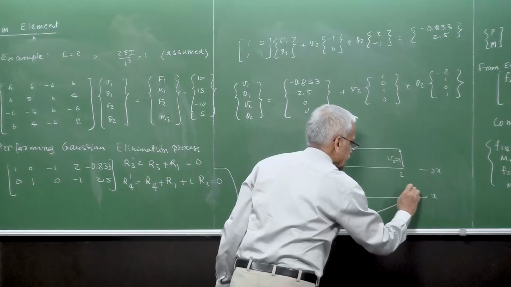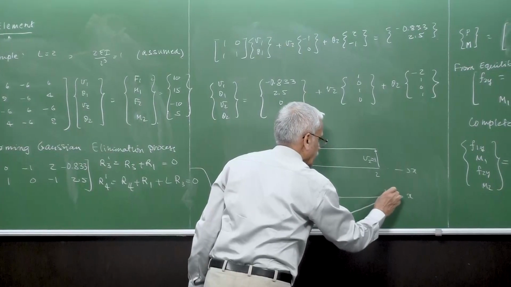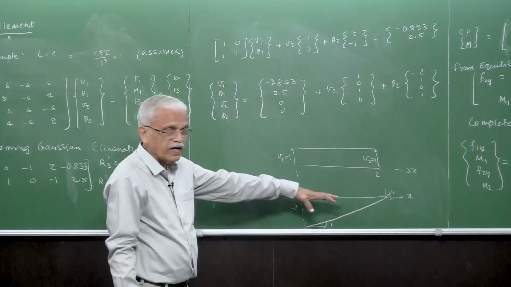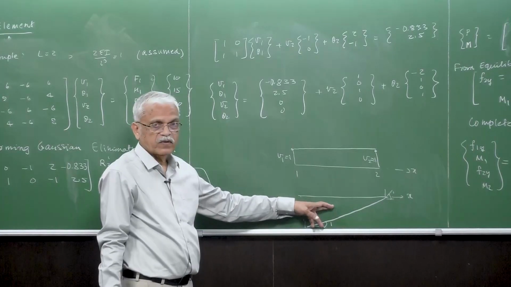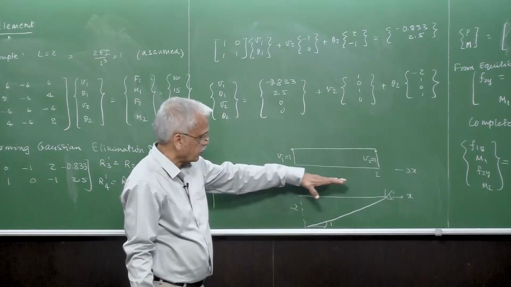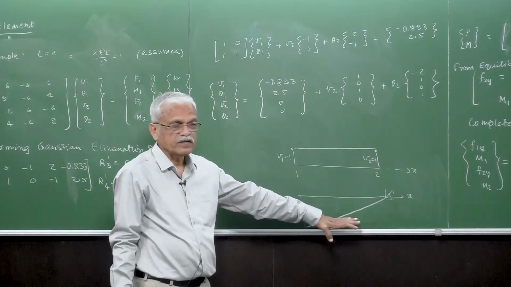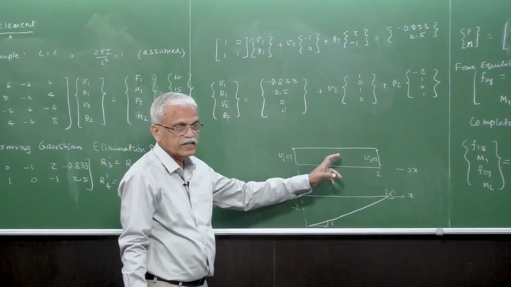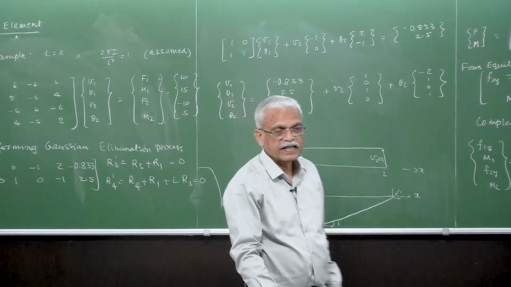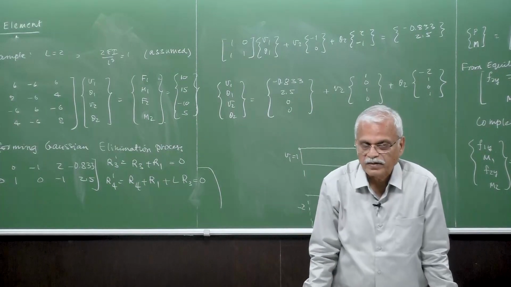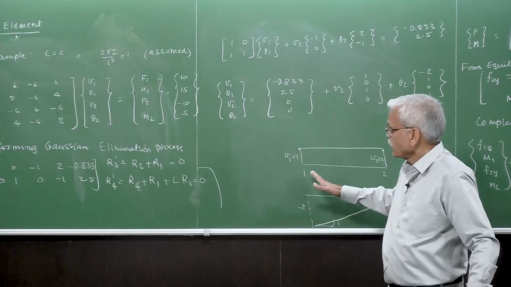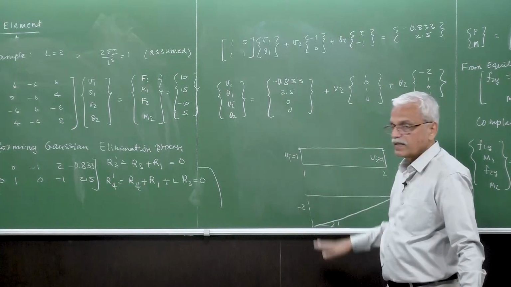You can see that the slope continues to be 1 here and 1 here. So this is also a rigid body deformation because the whole beam has rotated without any slope deformation. That way you can very easily see that these two rigid body deformations we can have without any elastic deformation in the beam.